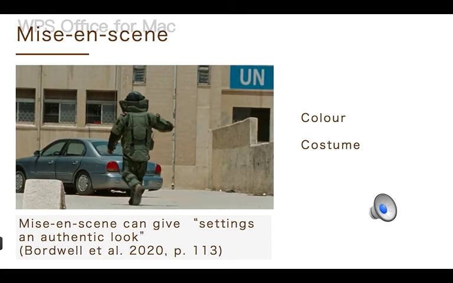The color is very typical of a war-torn country. The costumes were very professional, including the costumes of the soldiers who were sent to disarm the bombs. Such costumes show how dangerous it could be in Iraq at that time.